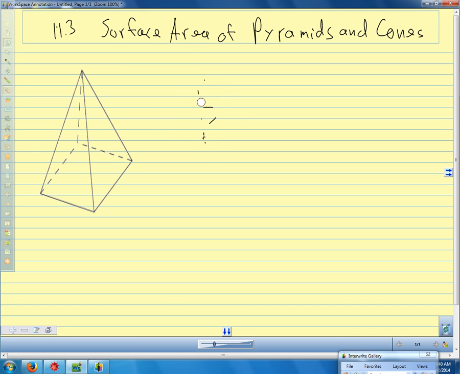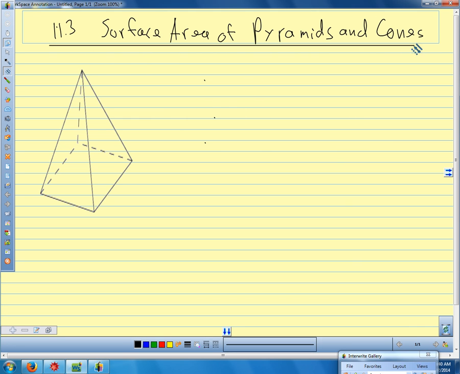All right, so a pyramid is a polyhedron. And we're going to make a list of all the things, and we'll label our picture with all the different things that our polyhedron, this pyramid, has.